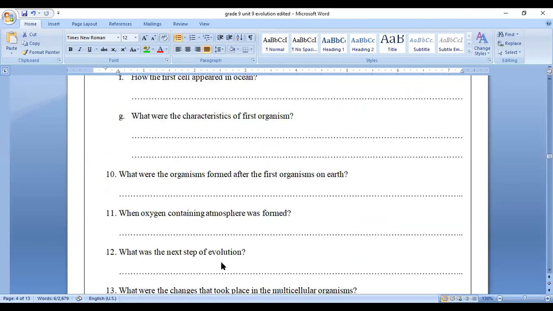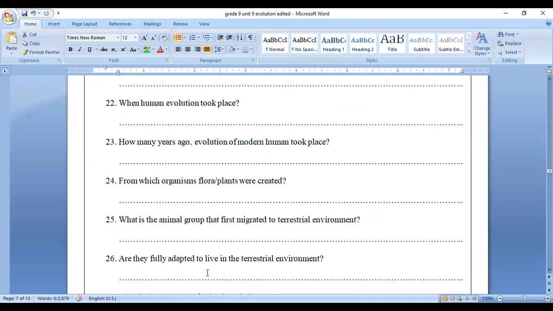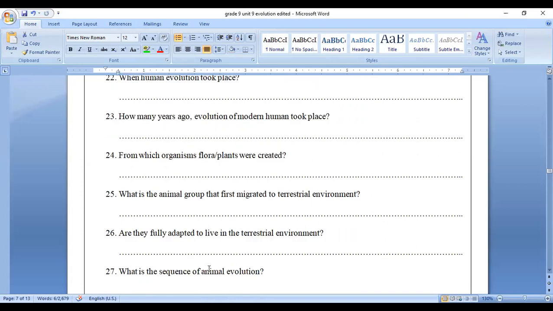Algae means photosynthetic, so there is no need to say photosynthetic algae. So for question number 24, you can say algae or photosynthetic algae, never mind.